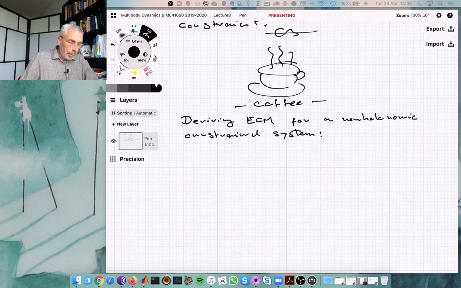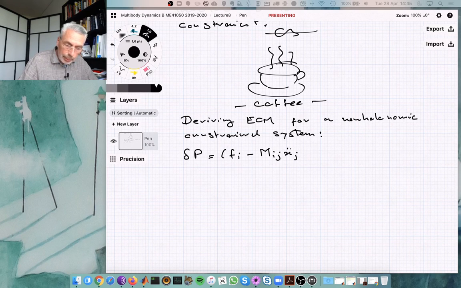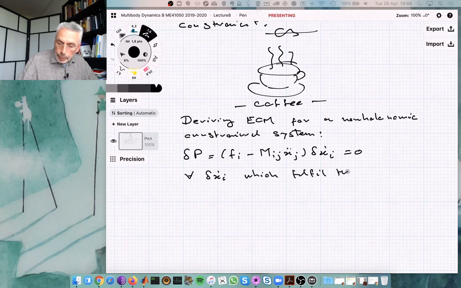It sounds maybe boring, but of course we start again with the virtual power of the applied forces at the center of mass plus the D'Alembert forces, and the plus is of course a minus sign for the D'Alembert forces. This is the virtual power, and that should be 0 for all virtual velocities which fulfill the constraints.